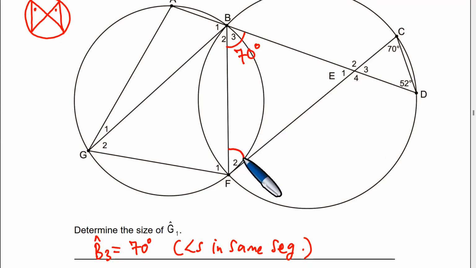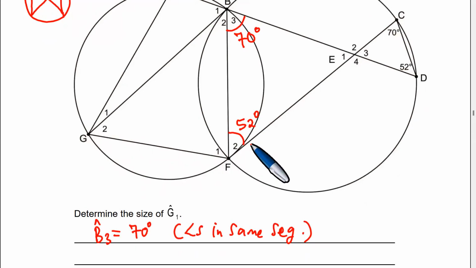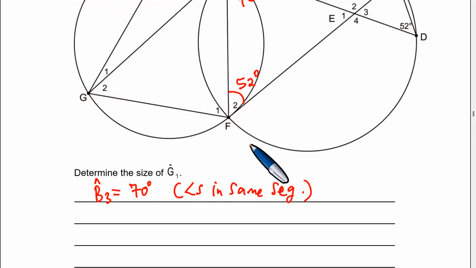But we are also able to note that angle F2 obeys the angles in the same segment relationship, so angle F2 is equal to 52 degrees. Why is F2 equal to 52 degrees?